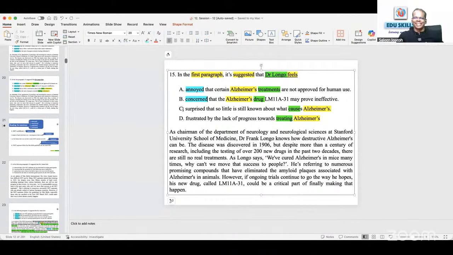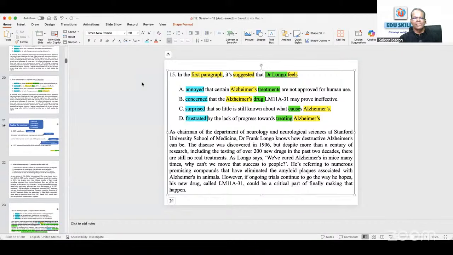Concerned, then option C surprised, and frustrated. These are the four emotion-based question words. Suggested Longo feels what? Does he feel annoyed? Does Longo feel concerned? Does he feel surprised?